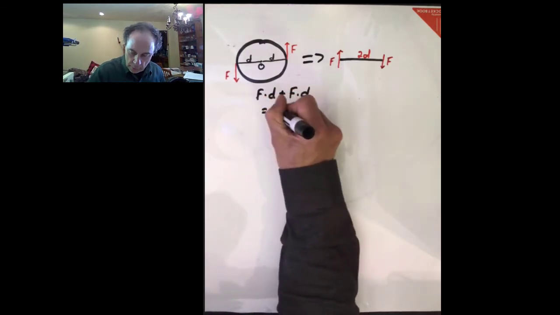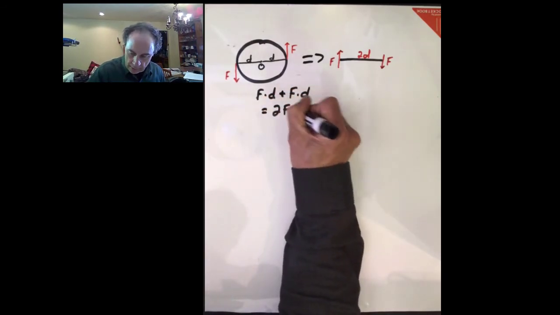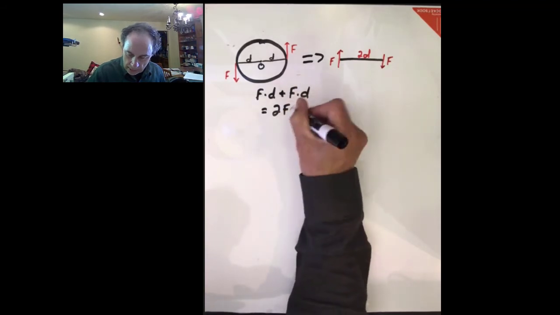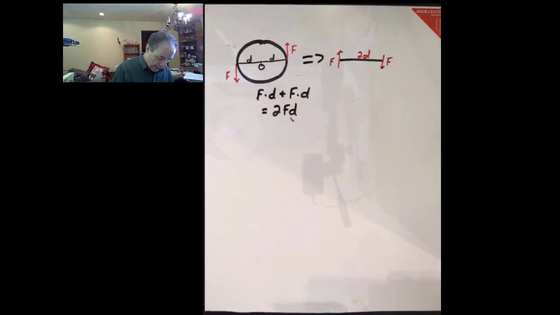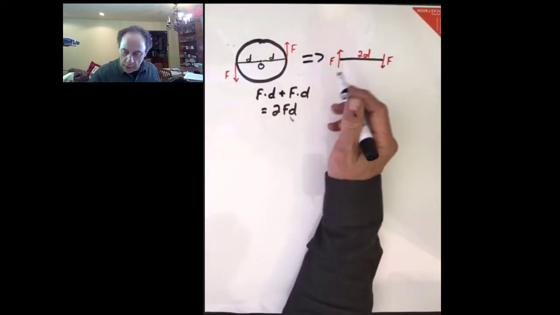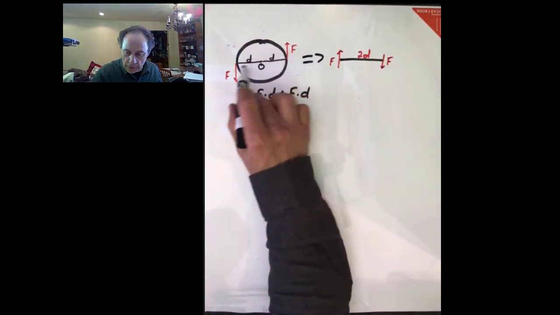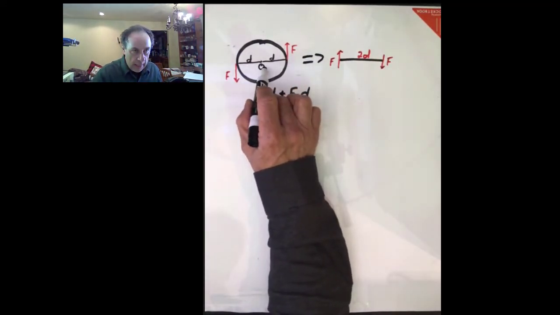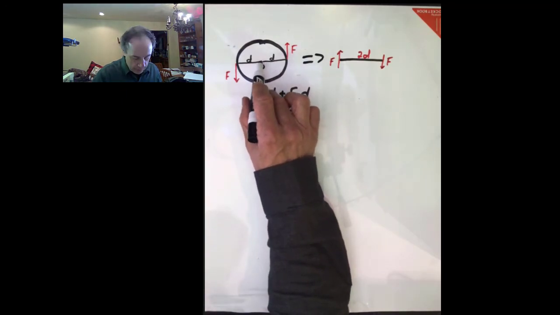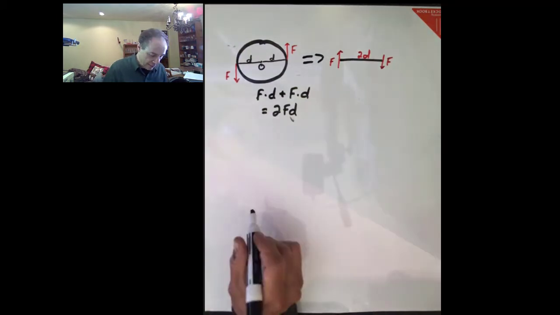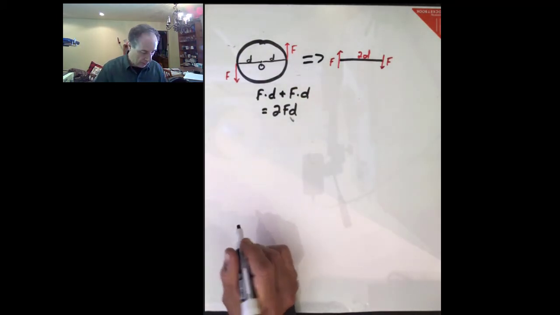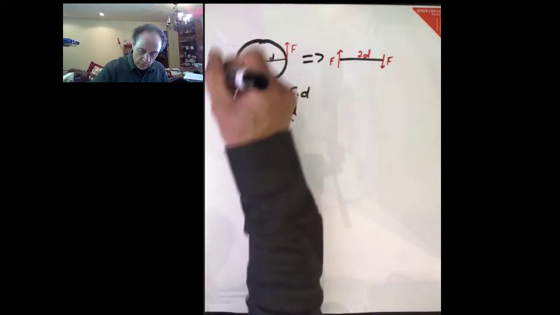So you have 2F times d. Okay, so when you have this situation where you have two forces that are equidistant from some point of interest, two equal forces that are equidistant from a point of interest, you have a couple.